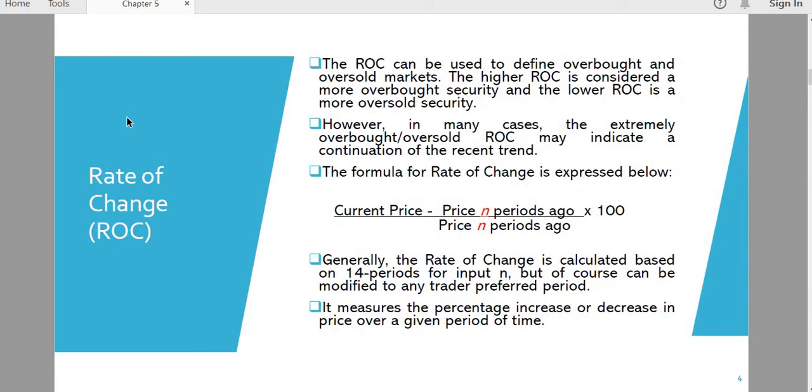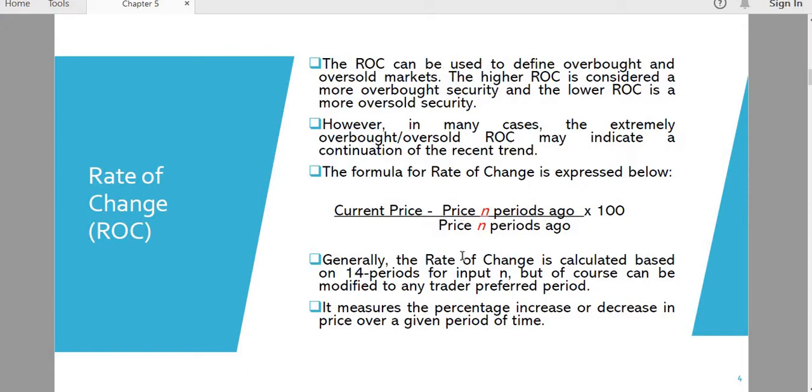Okay, how do we calculate the ROC? The ROC can be calculated by using the following formula: current price minus the price n periods ago, divided by the price n periods ago. Basically, this formula calculates the percentage change in price.